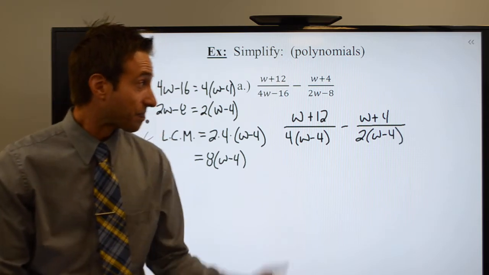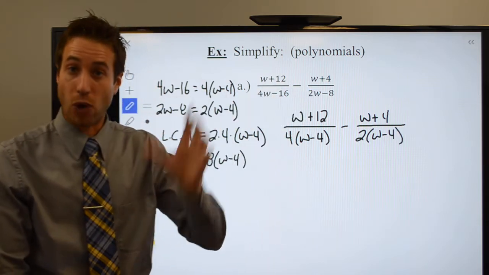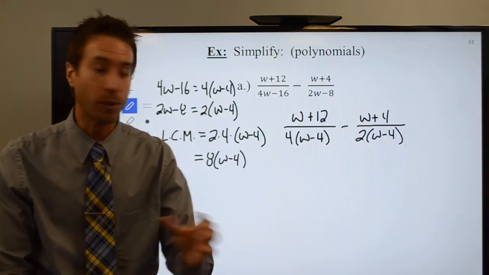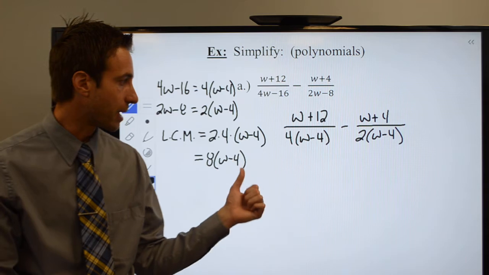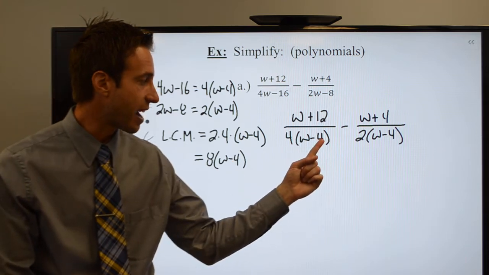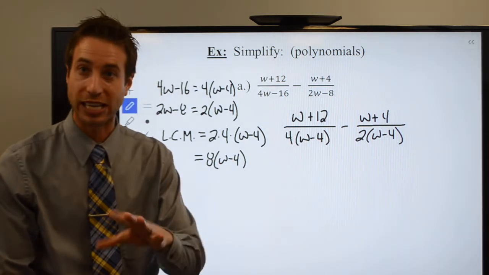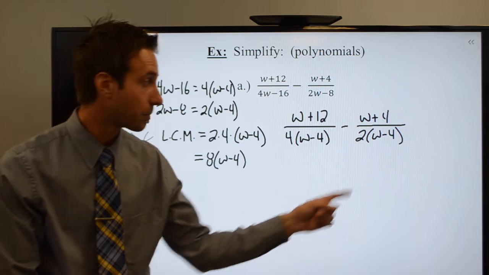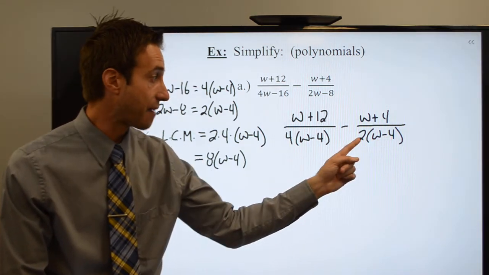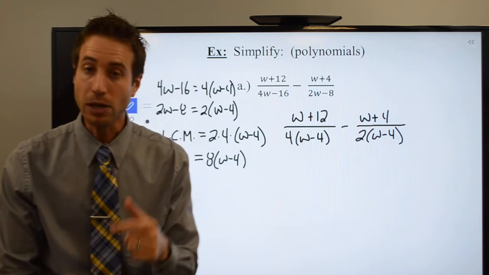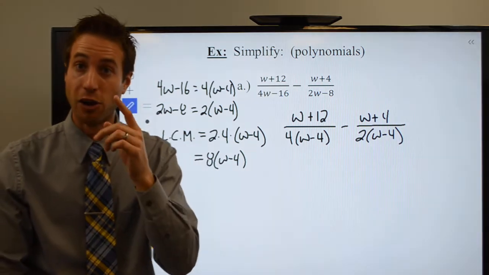Okay, so now that I've written my rational expressions in factored form, I need an LCM of 8 times w minus 4. Well, the w minus 4 is already there. I just need this 4 to be an 8, which I can do by multiplying top and bottom by 2. W minus 4 is already there. I have a 2. I need it to be an 8. Multiply top and bottom by 4.